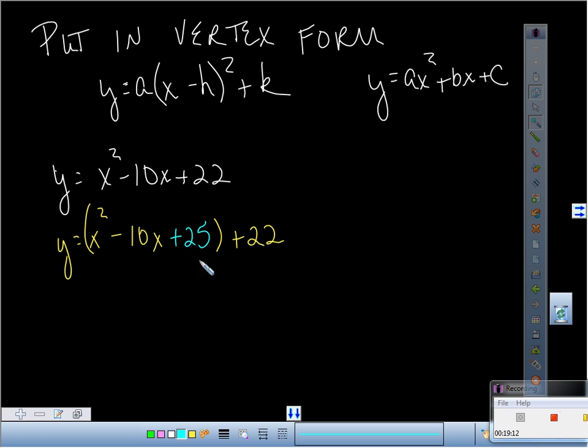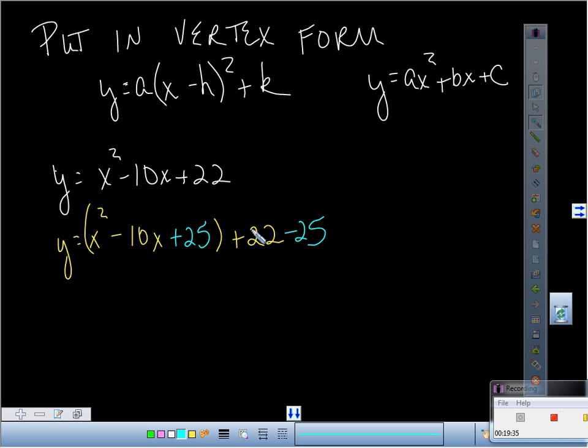But did I change the problem? I changed the problem. Michael says, instead of adding it to the other side, because we said we can't do that, if you added it right here, what can I do out here? Subtract it.